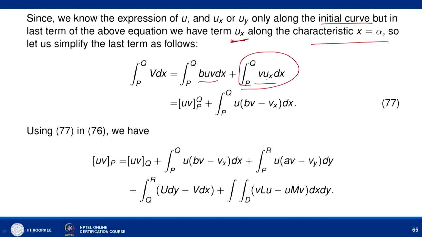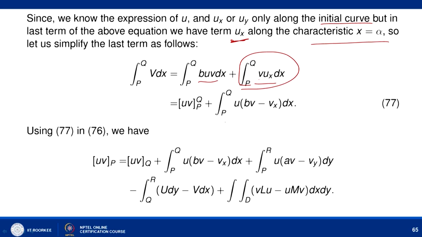So, let us shift our derivative onto v. So, we can write this as uv plus the integral from P to Q of vx u, and this term buv is already there.